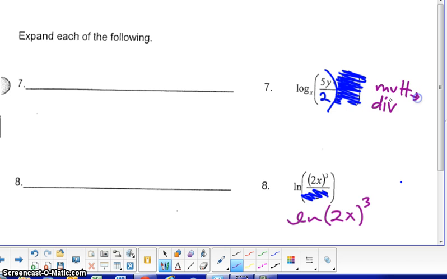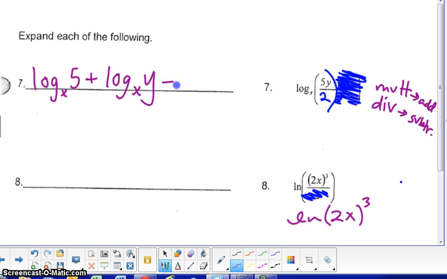In those two cases, the multiplication, we're going to have to expand it into addition, and the division is going to be subtraction. So the first move I would make is log base x of 5, and then again multiplication becomes addition, so it'd be log base x of y, and then finally the subtraction, so it'd be log base x of 2.